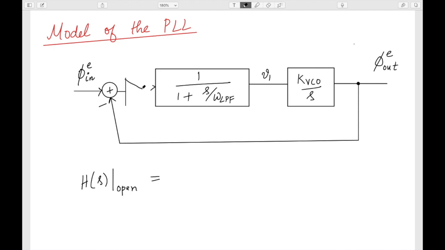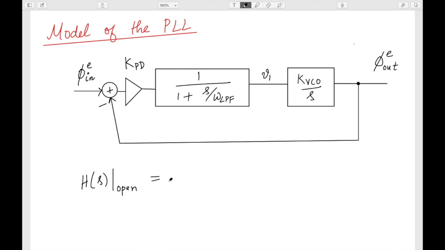So before the low pass filtering, we have the KPD, which converts the phase difference information into voltage.